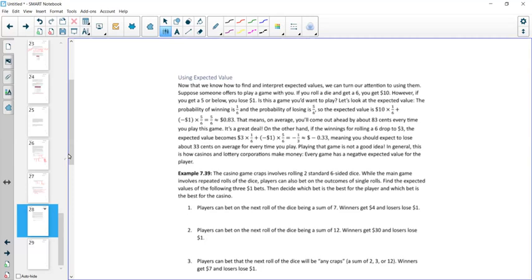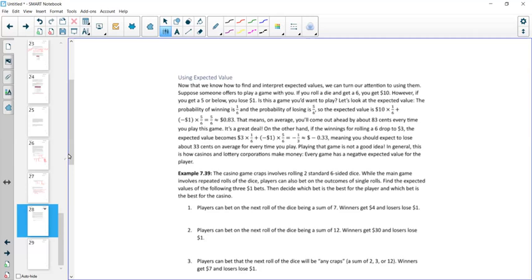On the other hand, if the winnings for rolling a 6 drop to $3, the expected value becomes 3 times 1/6 plus -1 times 5/6, which would be minus 1/3 or negative 33 cents, meaning you'd lose 33 cents on average for every time you play. Playing this game is not a good idea.